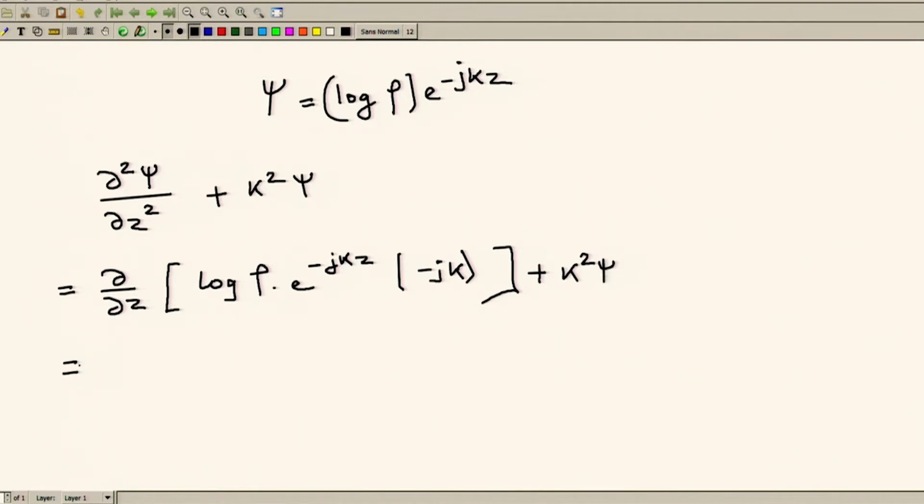So again we need to perform the differentiation with respect to z.